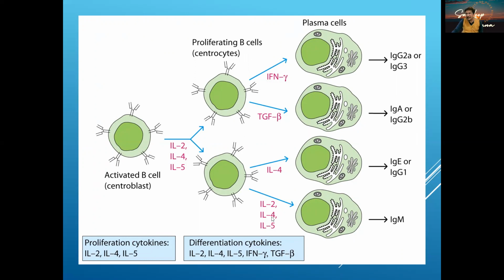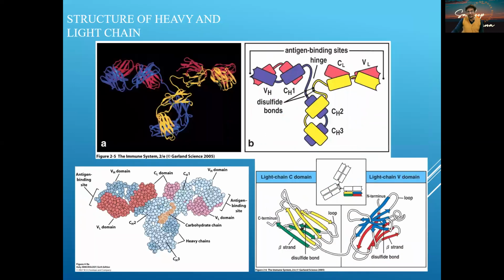Similarly, IL-4 will lead to IgG1 and IgM. That means, depending on the external exposure, such as the cytokines, it develops accordingly.